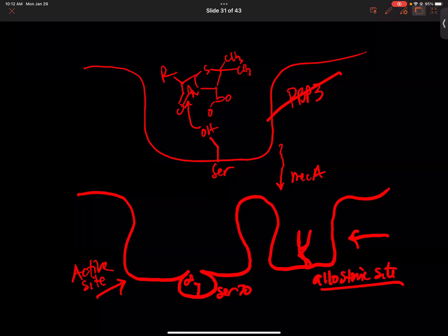And so there's an accessory site on penicillin binding protein 2A that has to get activated, that has to get stimulated. When you have that stimulation or that activation here, what that ultimately does is causes a conformational change in the enzyme active site, which separates or pulls apart this protective barrier in the enzyme active site, and that serine residue all of a sudden makes itself accessible for the process of transpeptidation.